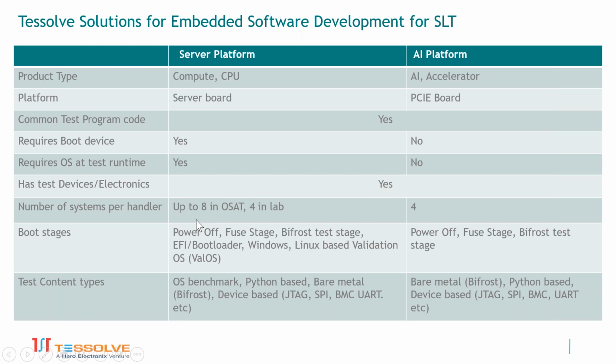And in an ATE, you'd be doing thousands of chips in parallel. So these are low numbers, but those ATE equipment manufacturers are now starting to ramp up to, I think the most I've seen is about 1,000 chips in parallel in an SLT environment. So that allows you to start doing SLT in volume.